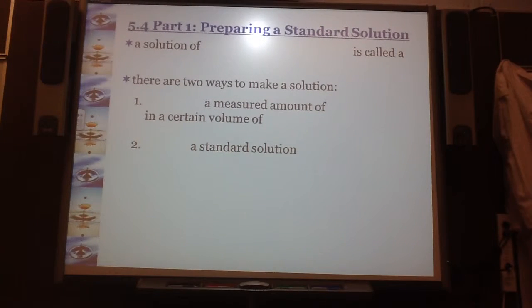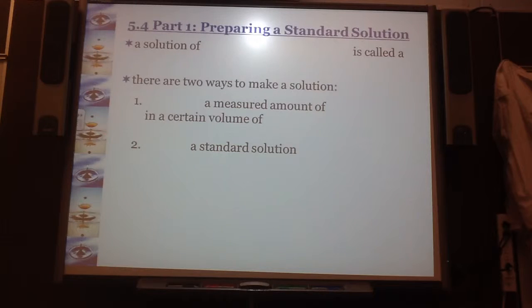Okay, so how do we make a solution that, say, we know the exact concentration? If I said, Evan, give me a 0.05 mole per liter solution of copper sulfate, how would you make it? This is what I would have made you guys think about.